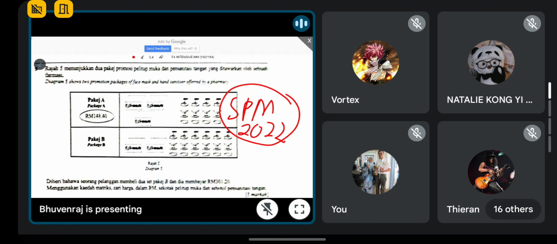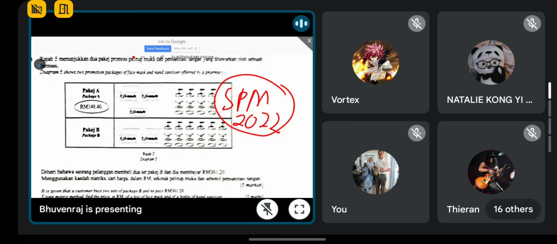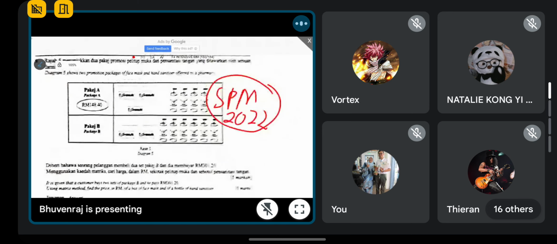Okay, there'll be like 1 year section A, 1 year section B, something like that. So expect your year matrix tu mungkin keluar sampai 9 markah lah, satu soalan. One matrix question can be 9 marks if section B, 7 to 9, something like that. Okay, so not that difficult also, tapi mereka boleh tweak lah kadang-kadang here and there.